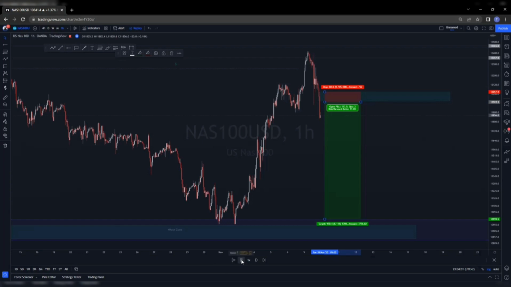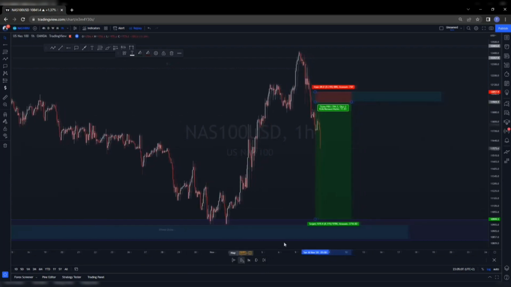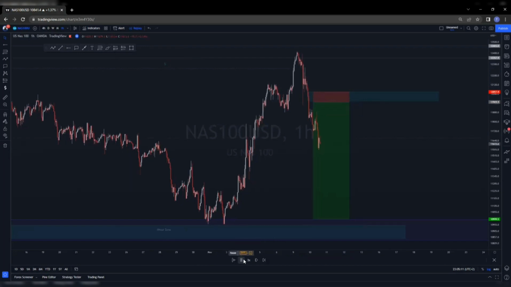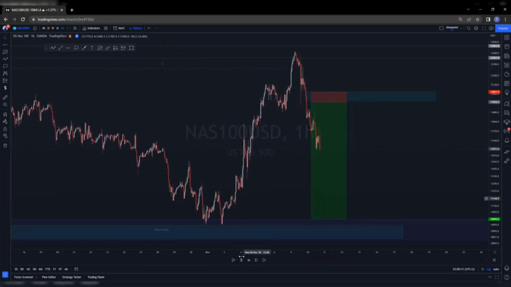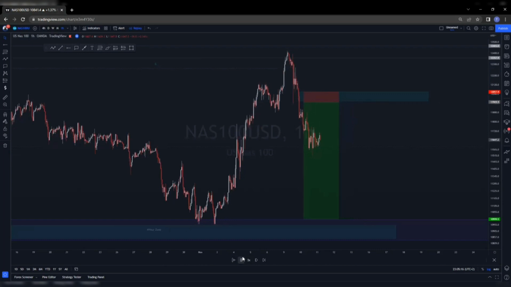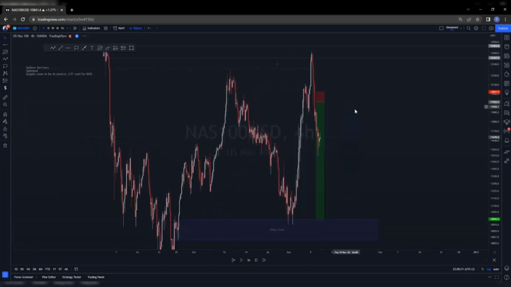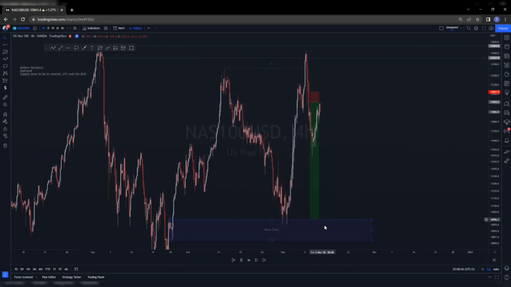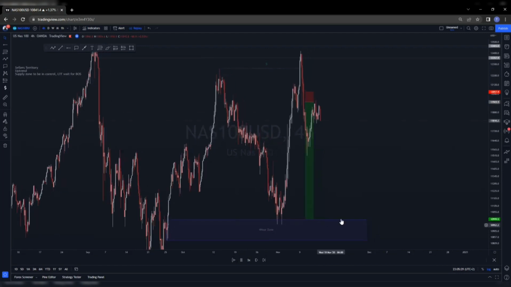Let's see. So okay, it's fine. On the 4 hour, how does it look? We have no imbalance, so let's wait for the market to either reach this or break towards the upside.